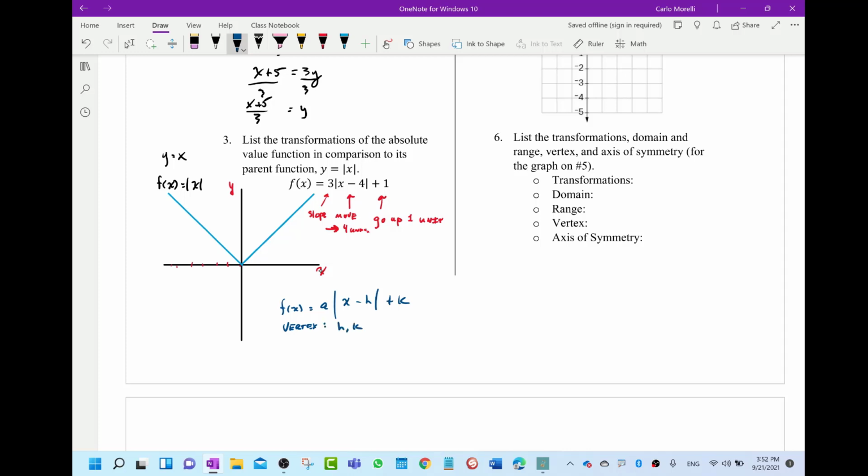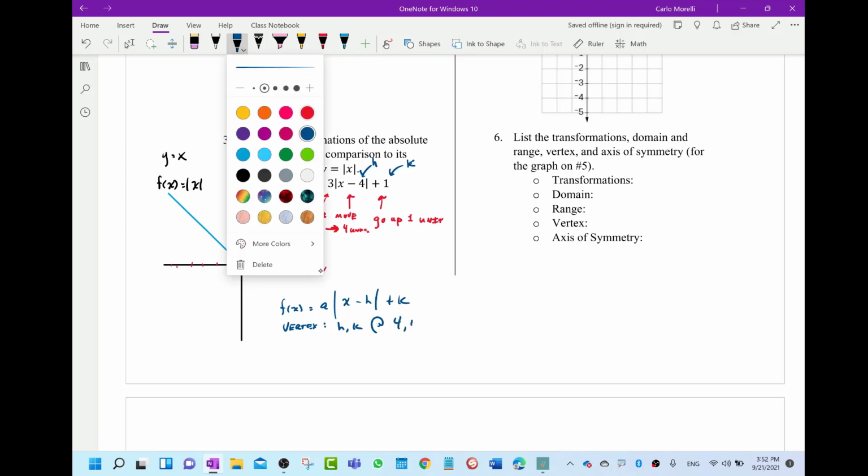So notice that it's minus h, minus 4. So the h value is 4 and the k value is positive 1. So the vertex of this function is located at 4 comma 1.